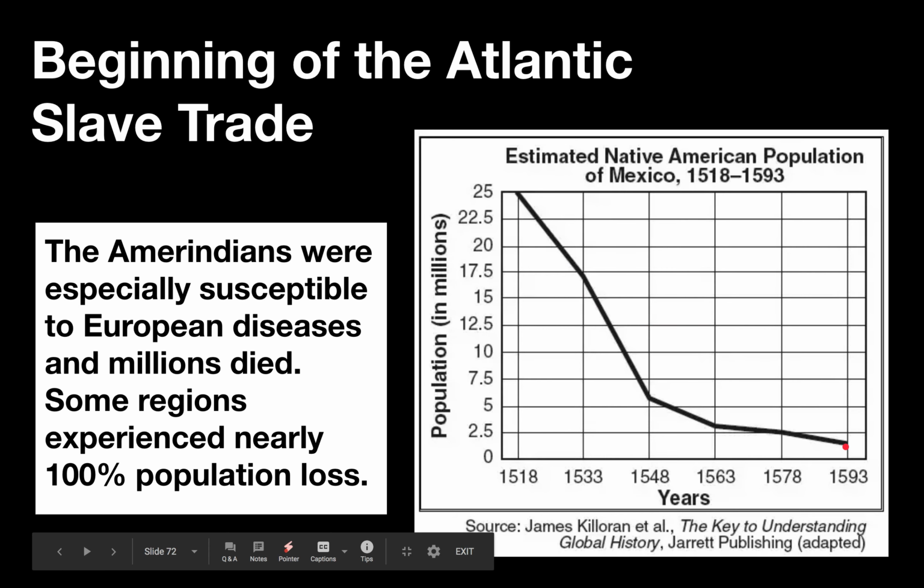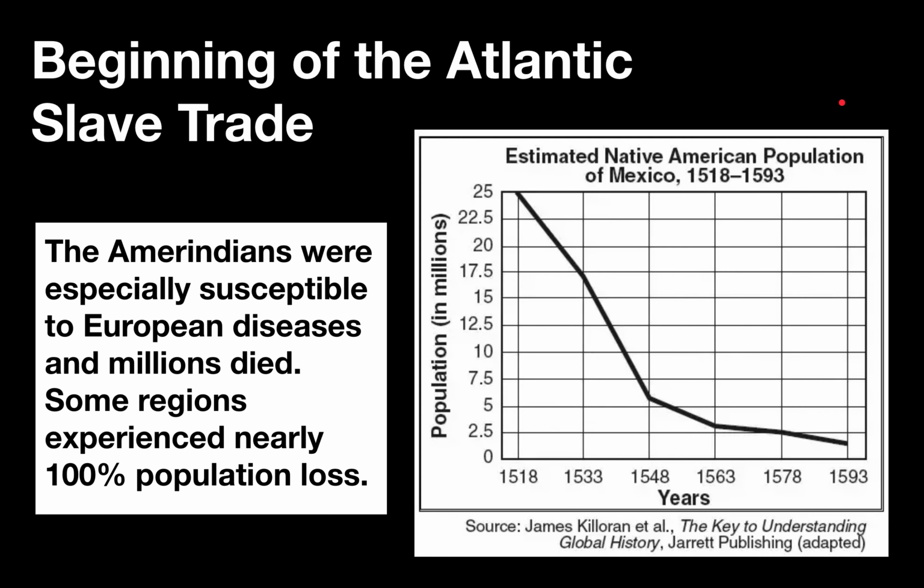That's more than a 90% decrease of the population lost. Right? Some islands, some areas lost every single Native American person that was native to that place. So extreme losses in those populations.